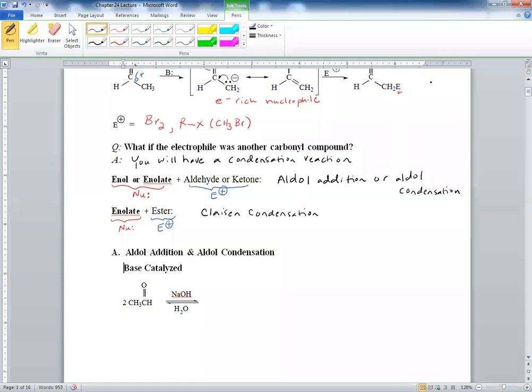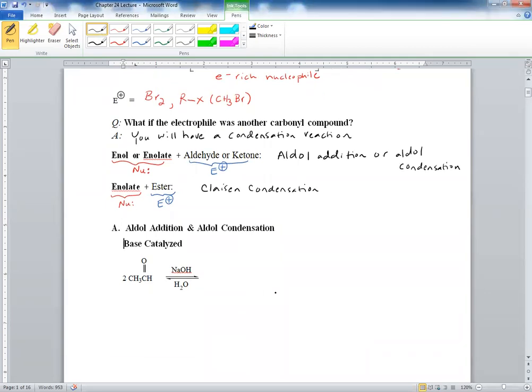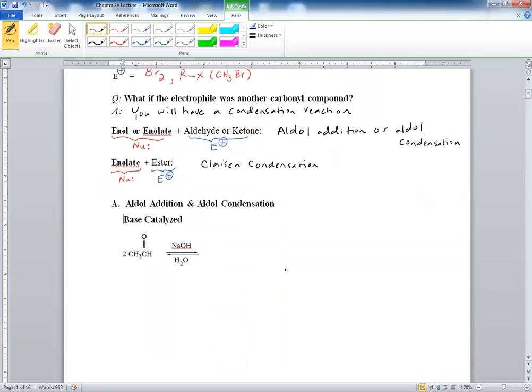Now, let's focus on the aldol addition, aldol condensation. So we're going to focus only on base catalyzed, just like your book. What you need to pay attention to is this 2. This 2 means you have 2 moles, plus another one.